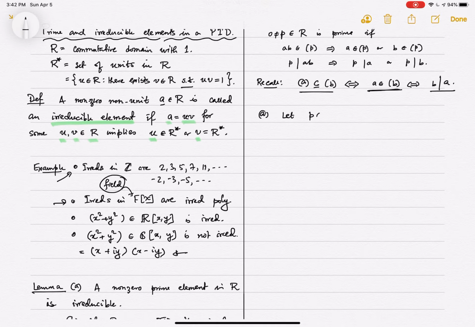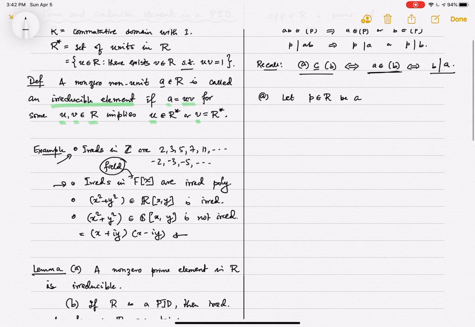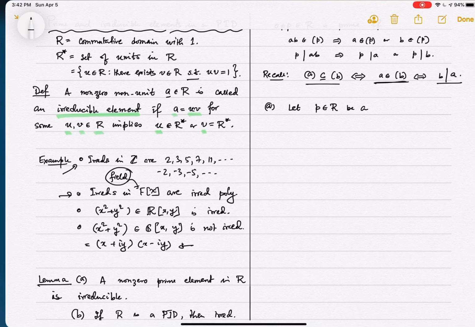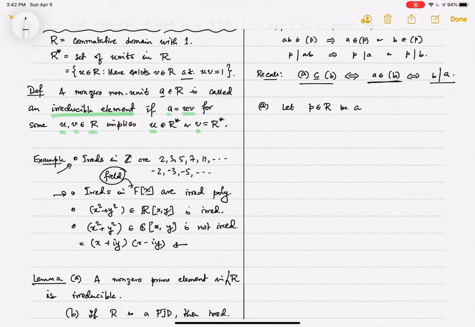Let P in R be, so part A. So I am in a domain, okay? So in any commutative domain R. Let's just write for emphasis, in a commutative domain, P a prime element. And for emphasis, I'll say non-zero. Okay.